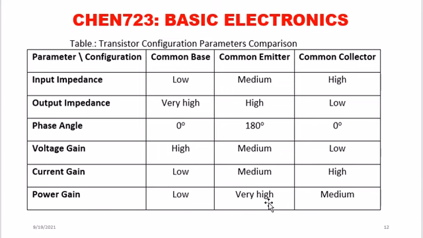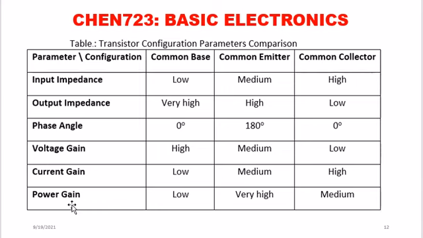Whenever you are concerned with voltage gain, you need voltage to be high, you use what? The common base. When you need a current gain to be high, you use what? You use common collector. And if you want to have a gain of power very high, you use what? Common emitter. This is the meaning of this table.